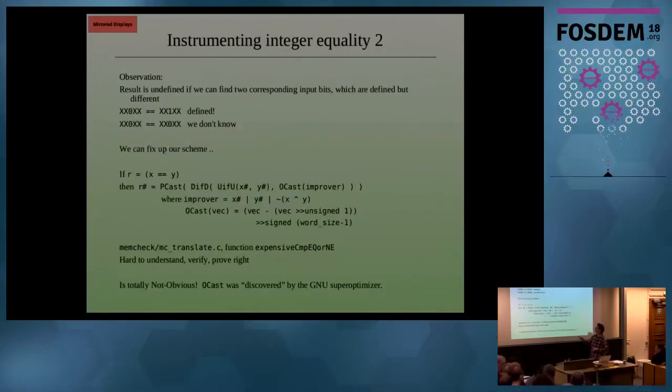So we know that these two words are not the same, regardless of the fact that we don't know what all these x's are, because the 1 and 0 make it so. In this case, the two zeros don't help us because we still need to look at the x's to determine whether they're different. It says result is undefined if they are defined but different.